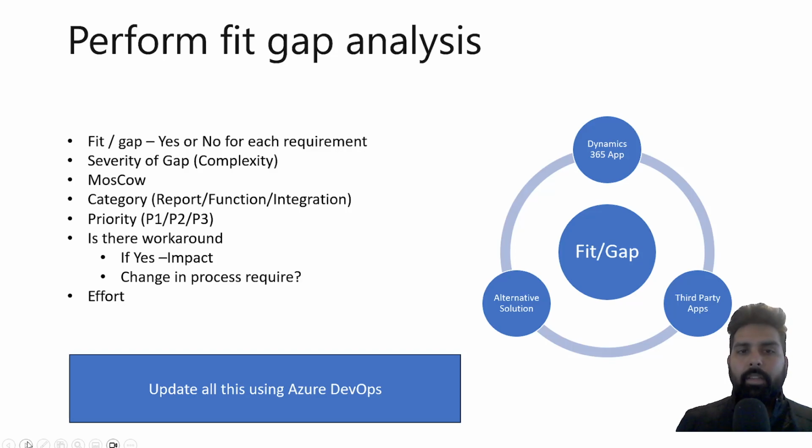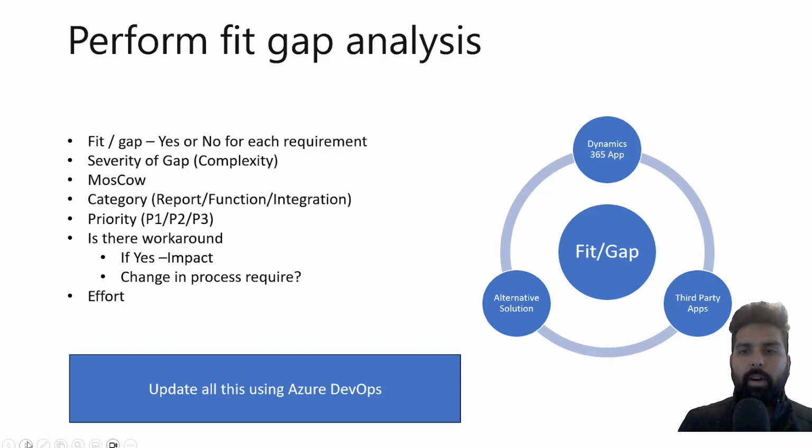So when you are defining the gap, apart from capturing these attributes, it is very important that you also understand how these gaps can be fulfilled, apart from the extension or development you will do within the Microsoft Dynamics 365 application. Last but not the least, ideally as a methodology, I think you should use Azure DevOps for updating all this information.